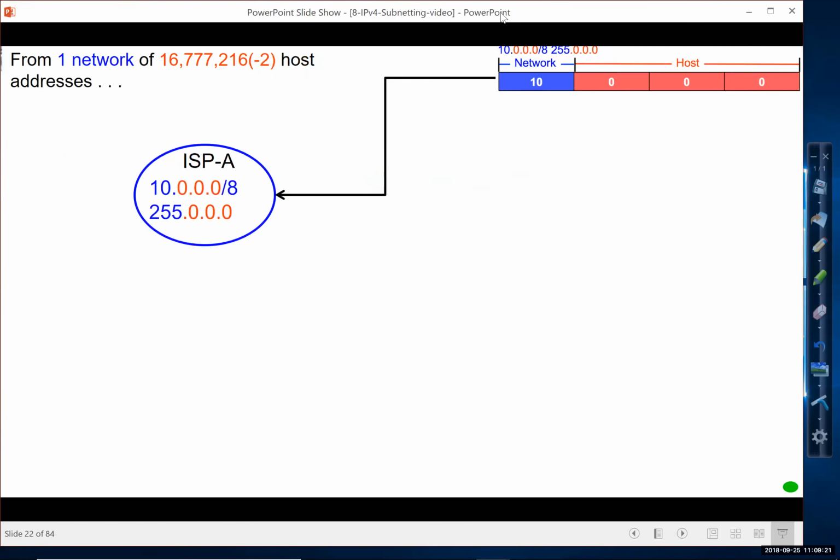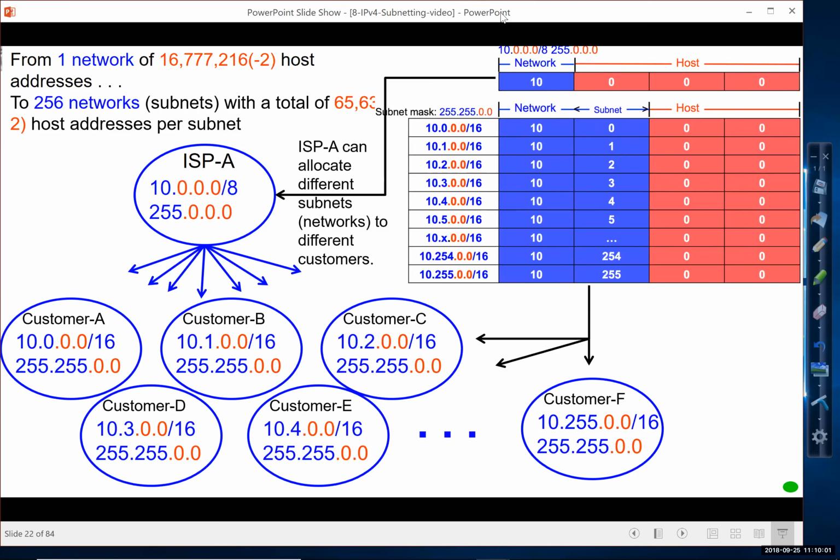Looking at this another way, ISPA went from one network of over 16 million hosts, and I put -2 because you can't assign the network address and the broadcast address to an end device. So we went from one network of 16 million plus host addresses to 256 subnets, 0 to 255, each one with 65,536 host addresses minus 2 per subnet.